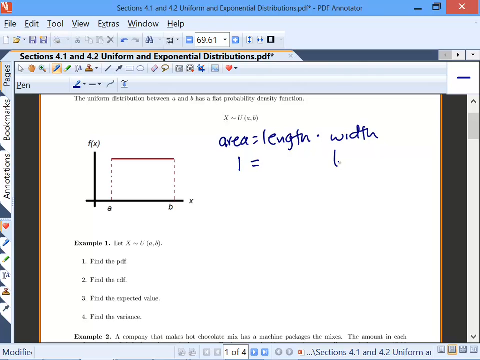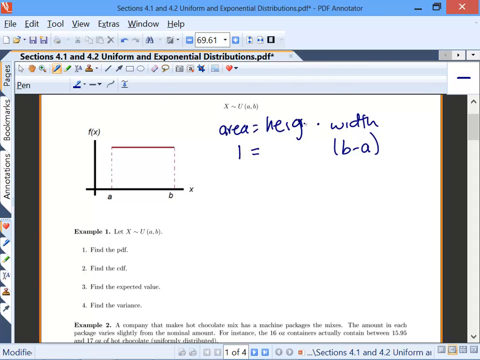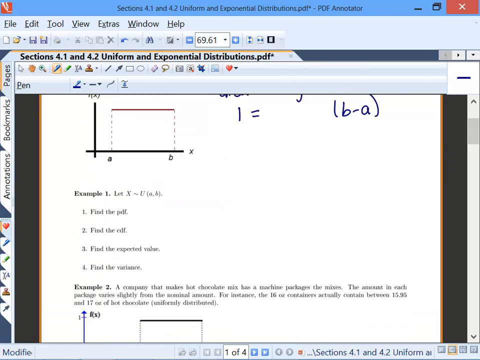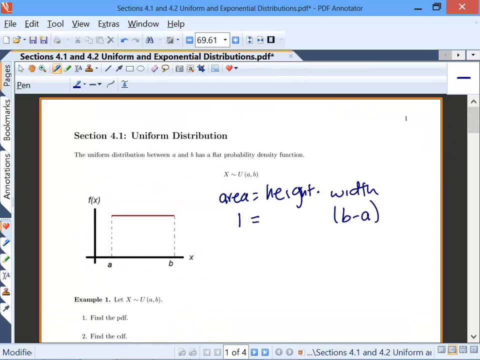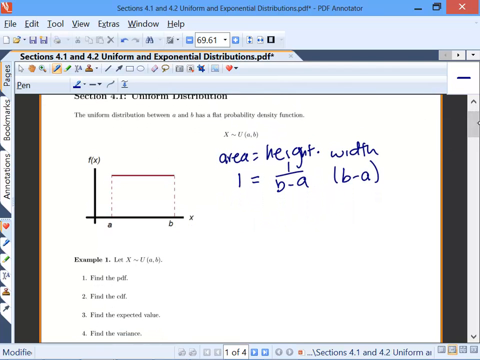B minus A. And if you wanted the area to be 1, instead of doing length times width, let's do height times width. If our width is B minus A, then to get an area of 1, my height would have to be 1 over B minus A. So the height of that rectangle has to be 1 over B minus A.